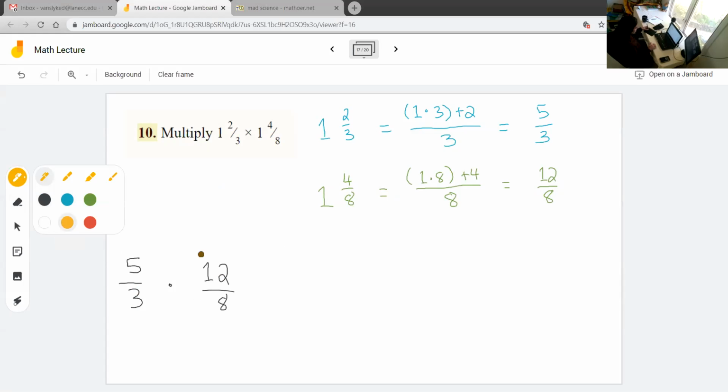Then I can say, well, divide by 3. Get 1 here and 4 here. I can divide top and bottom by 4. 4 divided by 4 is 1. 8 divided by 4 is 2. 5 times 1 is 5. 1 times 2 is 2. I'm ending up with 5 halves.